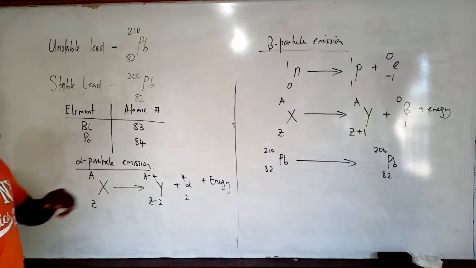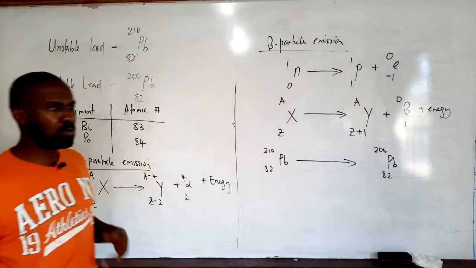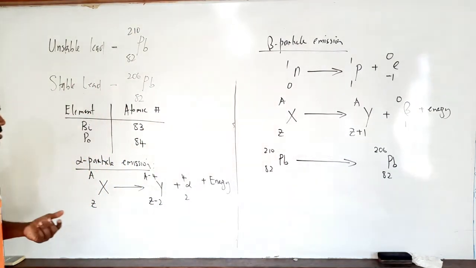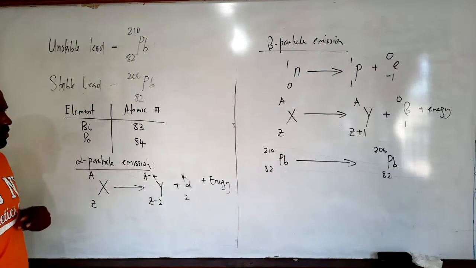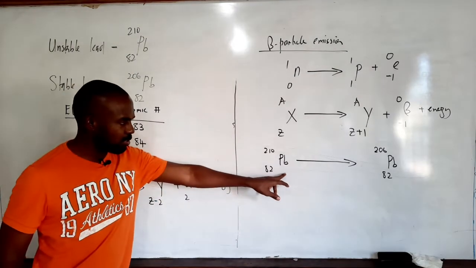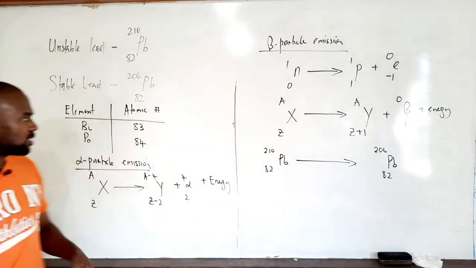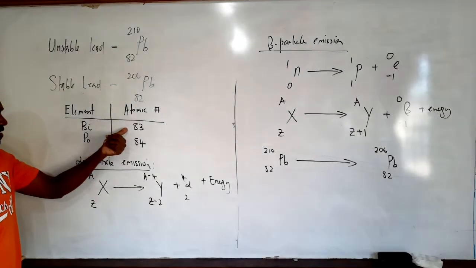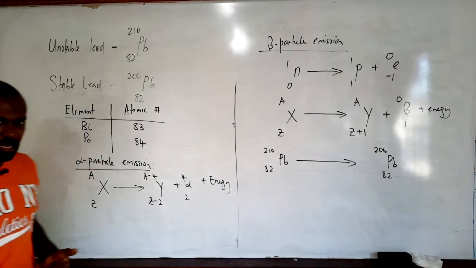Now, if you look at unstable lead, how could unstable lead produce bismuth? The atomic number of unstable lead is 82 and the atomic number of bismuth is 83. So that's an increase of 1.